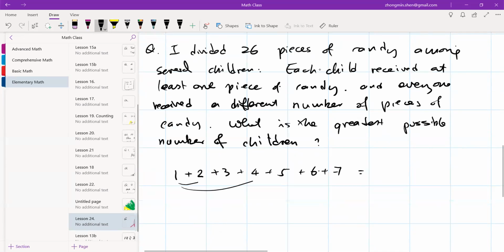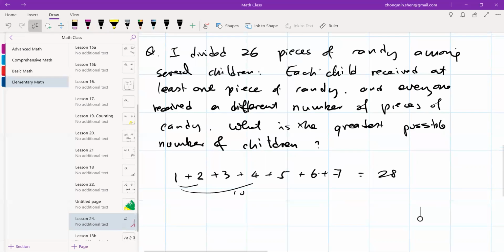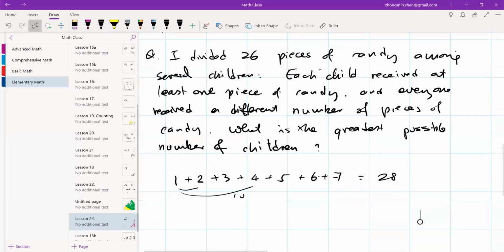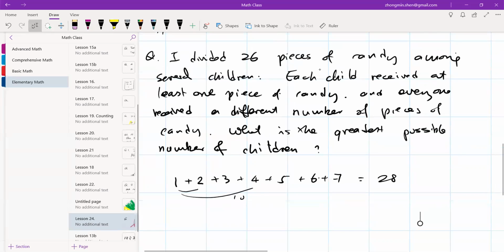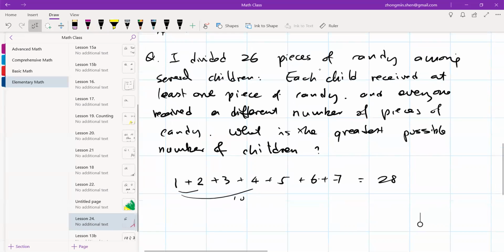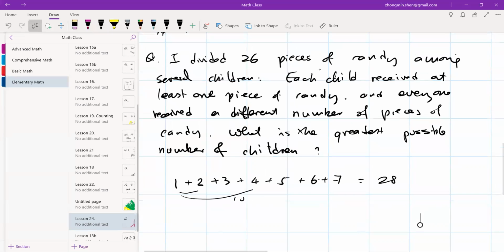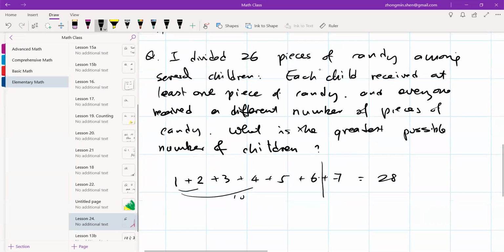And here's 10, then 15, 21, this is already 28. So you don't have enough candies for 28, right? So you cannot have 7 students. Otherwise, you need 28 pieces of candy. So you can only have 6.